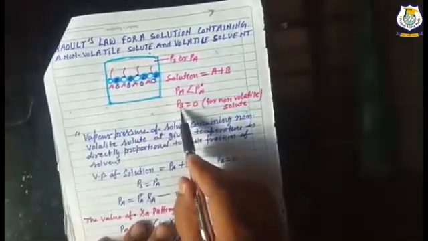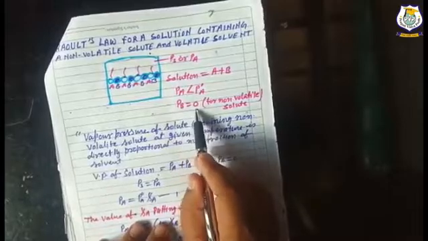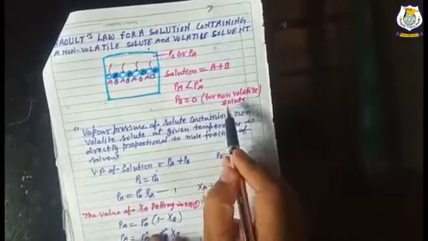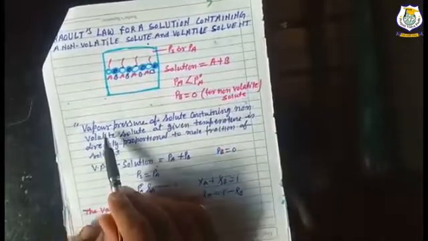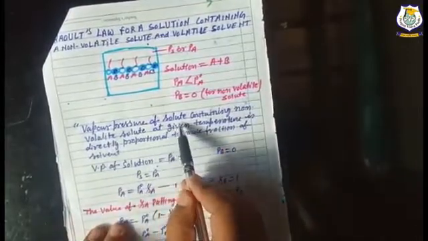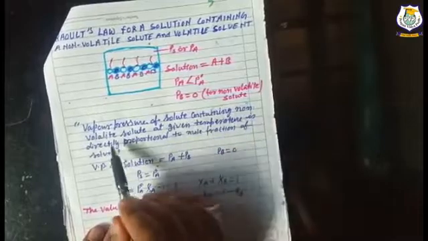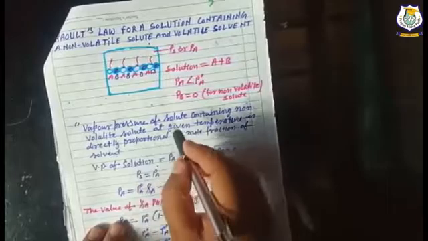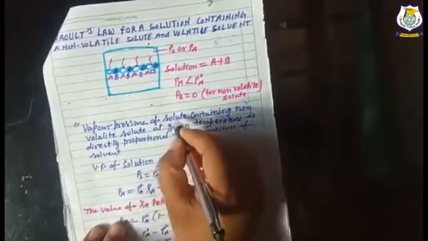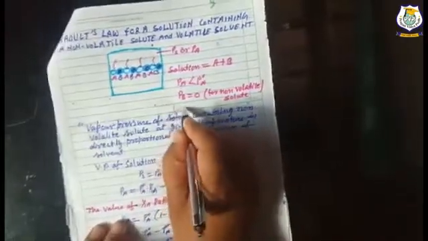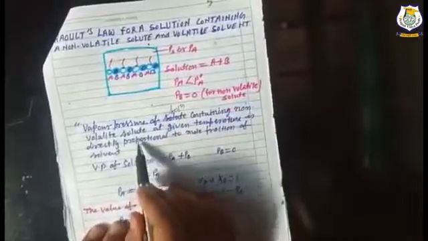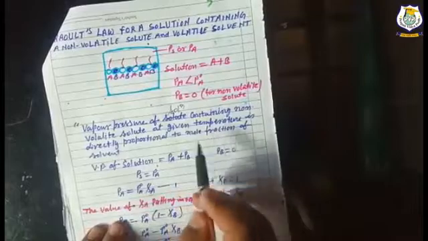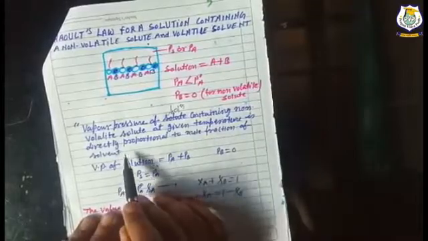That means the partial vapor pressure of B is equal to 0 because B is non-volatile. It is defined as: the vapor pressure of a solution containing a non-volatile solute at a given temperature is directly proportional to the mole fraction of the solvent only.